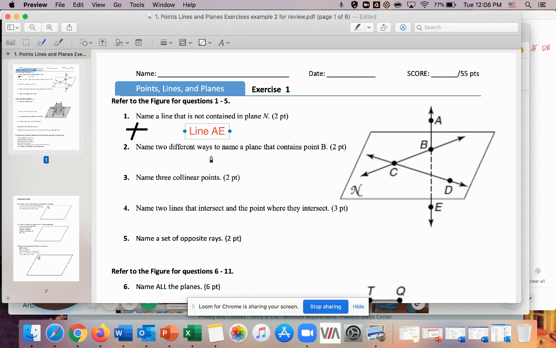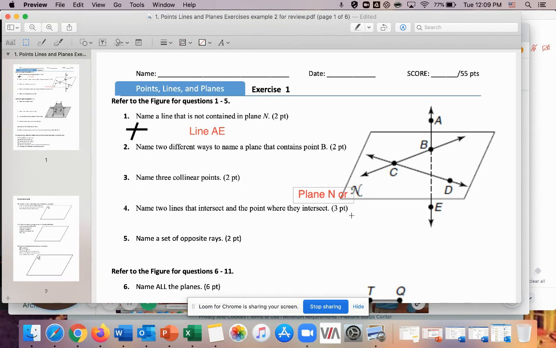So, name 2 different ways to name a plane that contains point B. Point B is on this plane right here, in the parallelogram. A and E are not. So you could call it plane N, like I already said, because it's got this script uppercase N on it, which means that's the name of the plane.